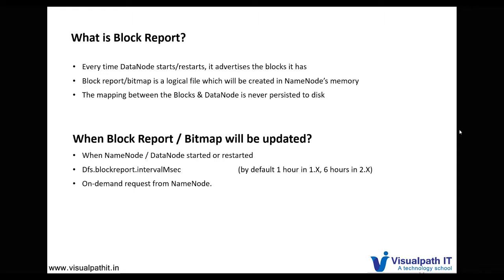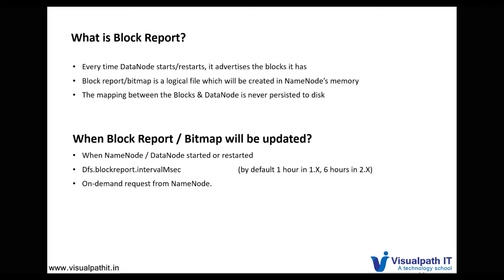And what is a block report? Every time a data node starts or restarts, it advertises the blocks it has, and the data node sends a report of them to the name node.